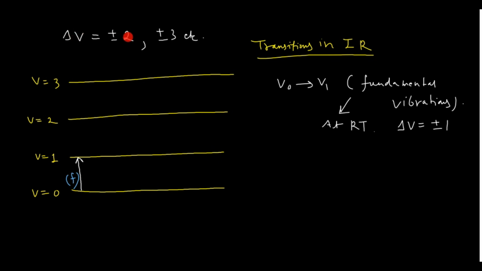That means you may have this transition from 0 to 2, so del V equals plus 2. When this happens, your molecules are promoted from the zero vibrational state to the second vibrational excited state, that means the second vibrational energy level.